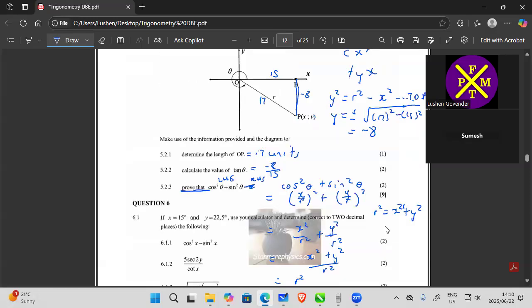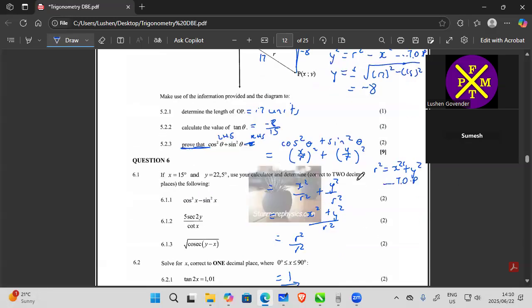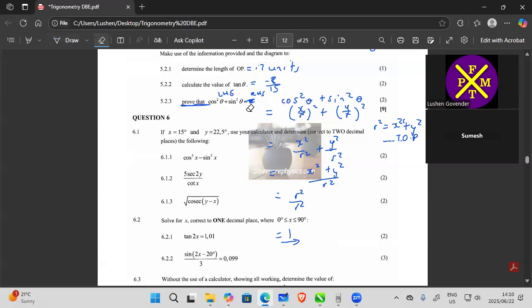That's from the theorem of Pythagoras. Right, 2 marks there. It's equal to 1, but what is 1? 1 is the same as the right-hand side. So this left-hand side is equal to the right-hand side. When you can prove left-hand side equal to right-hand side, then we've proved an identity.